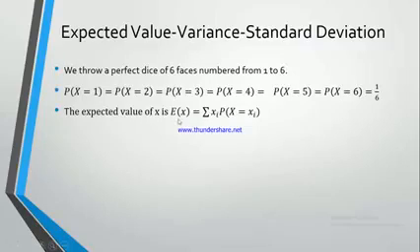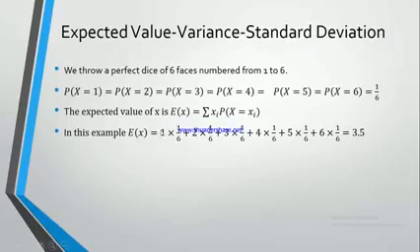The expected value of X, E of X, is equal to the summation of the product x i of each value of x times its probability. So in this case, the answer is 1 times 1 over 6 plus 2 times 1 over 6 plus 3 times 1 over 6 plus 4 times 1 over 6 plus 5 times 1 over 6 plus 6 times 1 over 6, and the answer is 3.5.